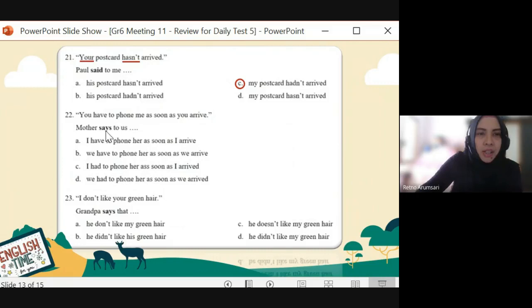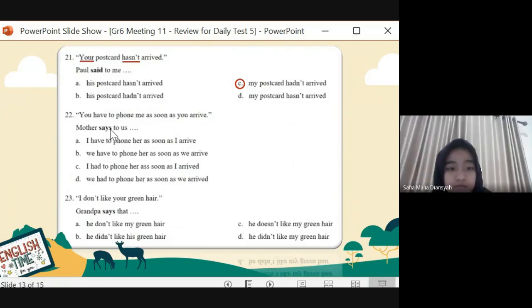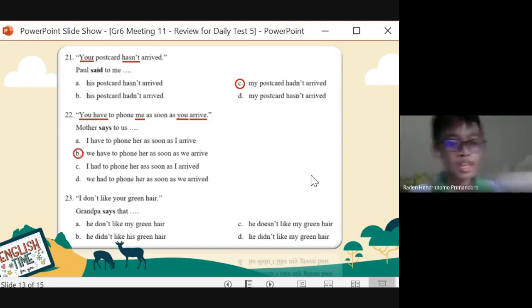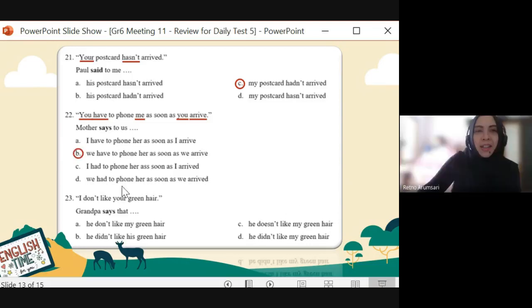You see here says, it means that you don't have to change have into had. So the answer is B. We have to phone her as soon as we arrive. Don't change the verb into past because the same word is says. All right. Thank you.